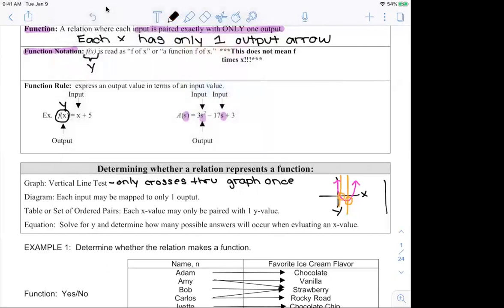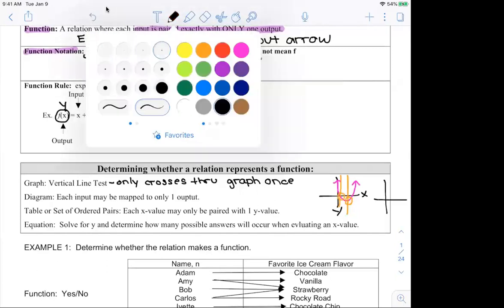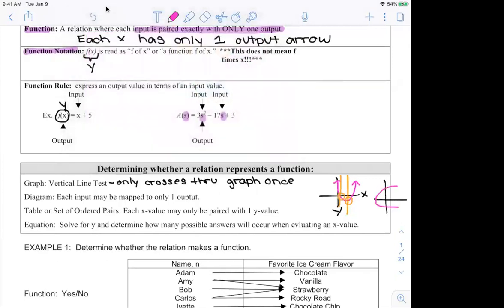But let's say you have a graph and it looks like this, a sideways view. This is not a function, because now when you draw your vertical line, notice that it can cross the graph at two spots. So that would be a no. It is not a function. So that's a visual way of determining. You can look at a diagram. Again, each input must be mapped to only one output.